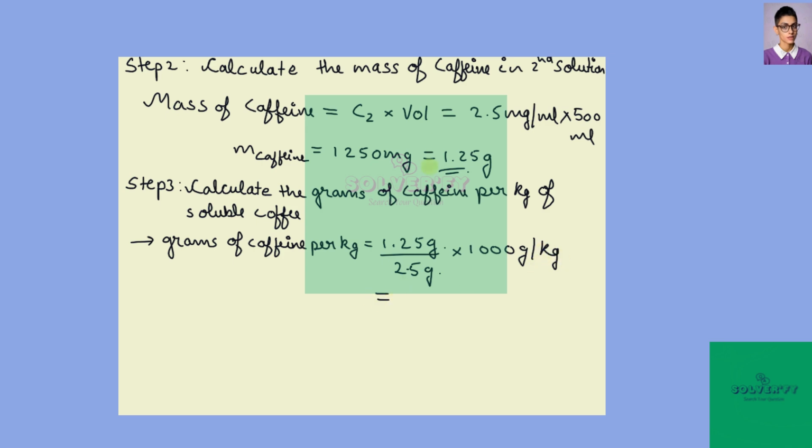So the grams of caffeine per kg of soluble coffee is 500 gram per kg. So this is the answer.